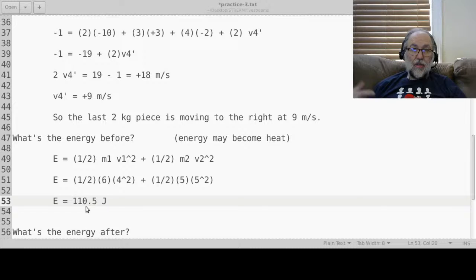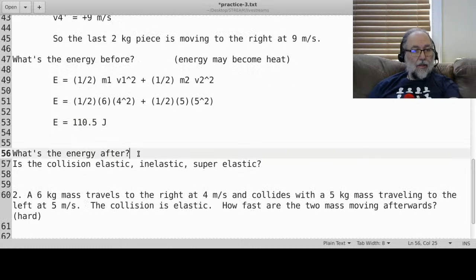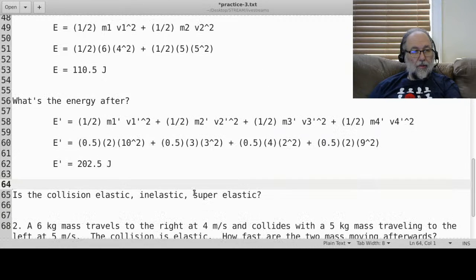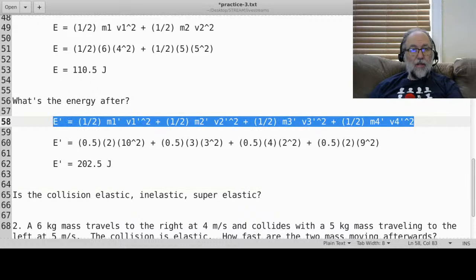What about after the collision? After the collision, same form, but now there are 4 masses, okay? And so cut and paste here, energy after, and there's the formula right there. Did I lose the screen? I did not, okay?